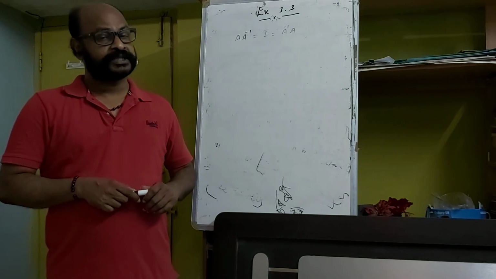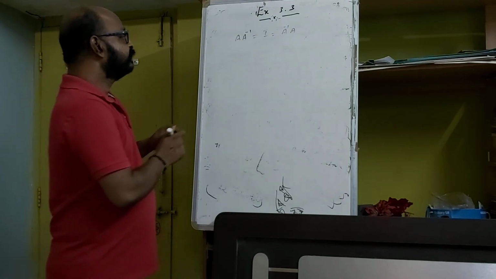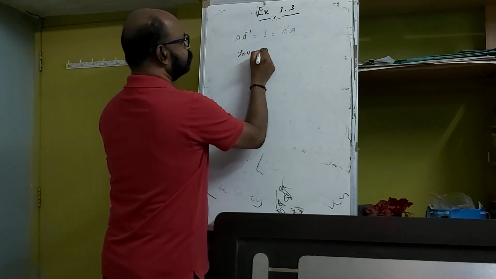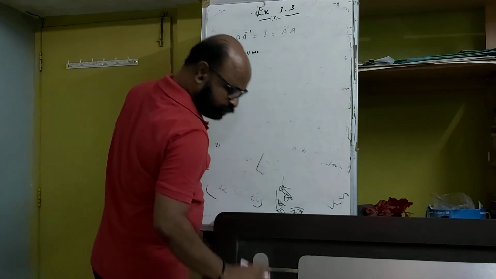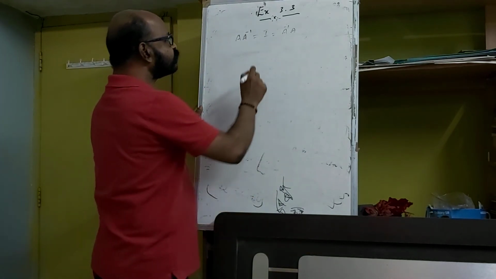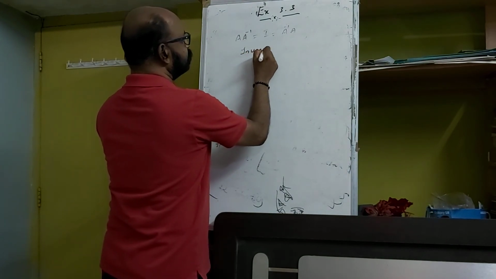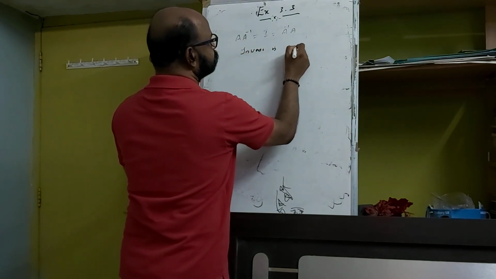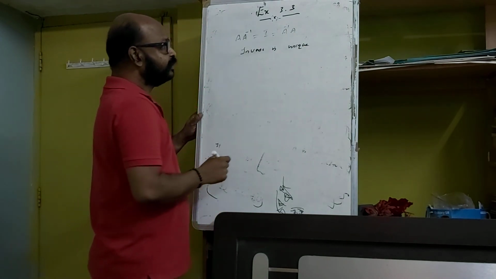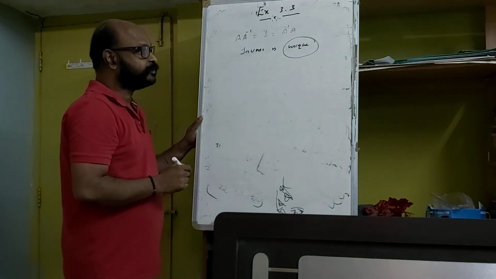But if the inverse of a matrix exists, then the inverse is unique. What does it mean? The inverse is unique. What is the meaning of unique?